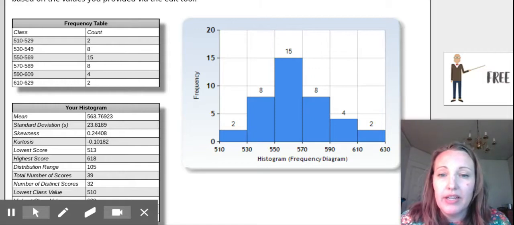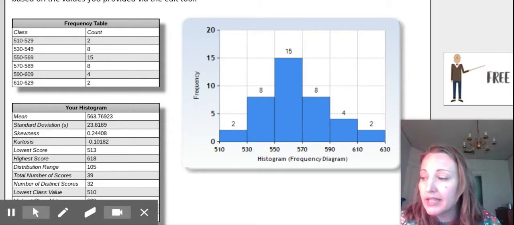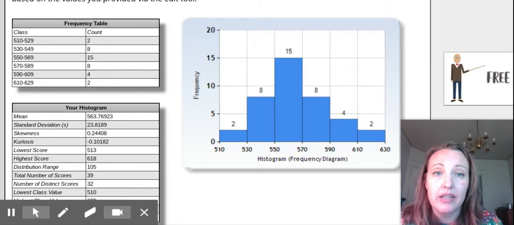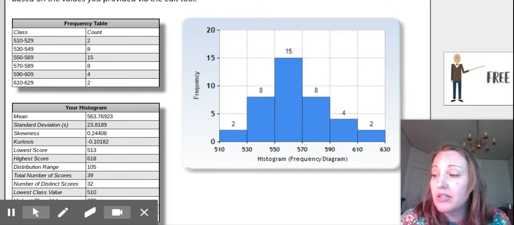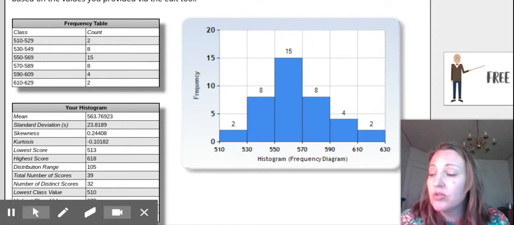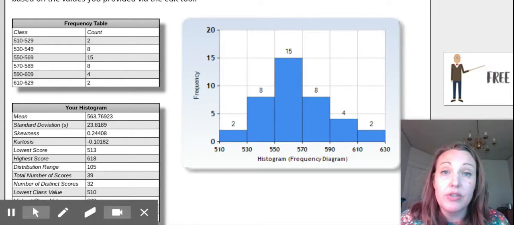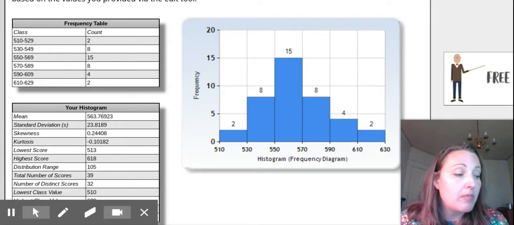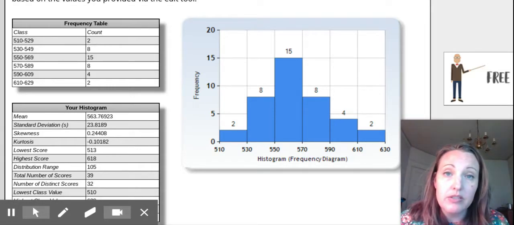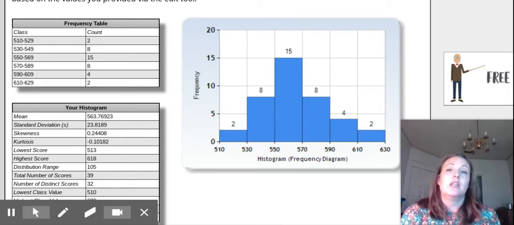It works better in your packet to count, since they're in order from least to greatest. I'm just going to count to the 19th piece of data, and I believe it's 563. The next piece of data is 563 also. So our median right in the middle is 563.